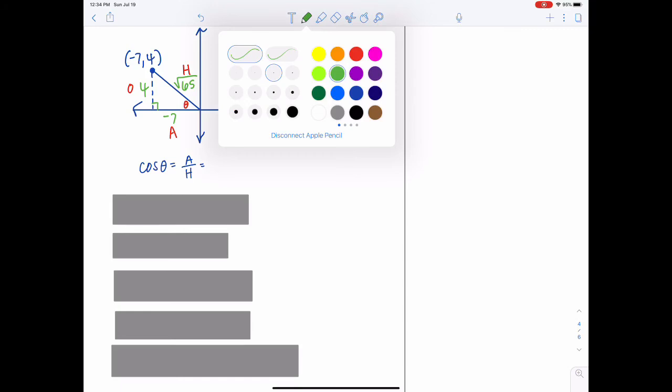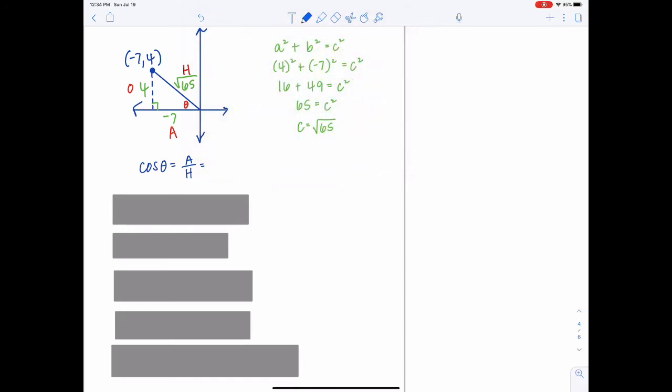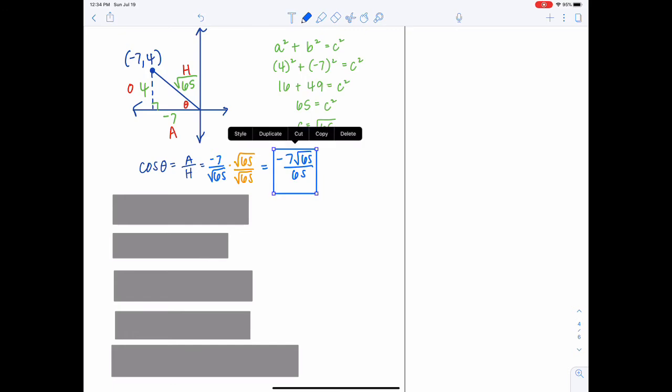I'm going to put my adjacent, which is -7, over my hypotenuse, the square root of 65. We can't have this square root of 65 in the denominator, so I'm going to rationalize that by multiplying by the square root of 65 over the square root of 65. Therefore, we get our answer of -7 rad 65 over 65. So that is our cosine value of this angle theta.